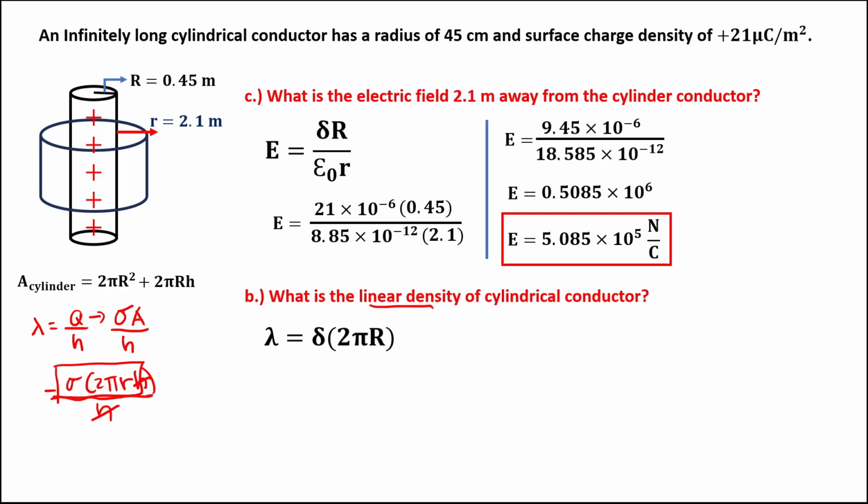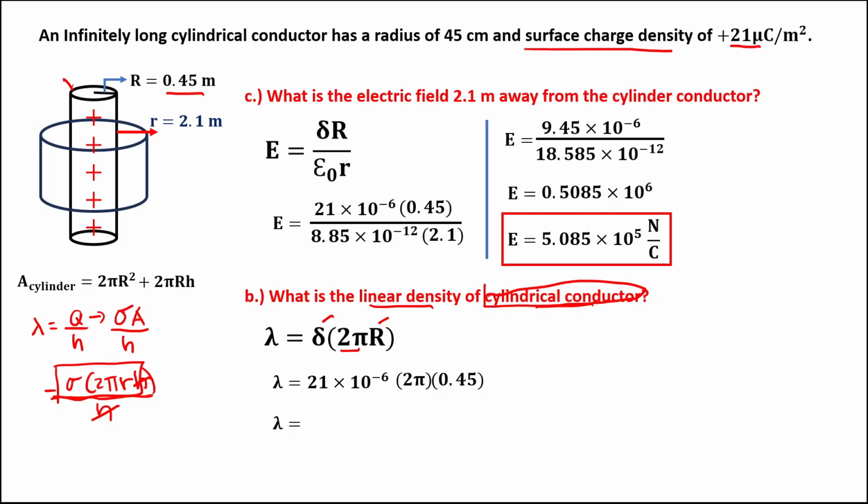So we have now this formula to solve for this linear density. Then to find now the linear density of this cylindrical conductor, we have this surface charge density, that's 21 times 10 to the power negative 6, then times 2 pi, then for the radius, since this is the cylindrical conductor, the radius is 0.45 meters.